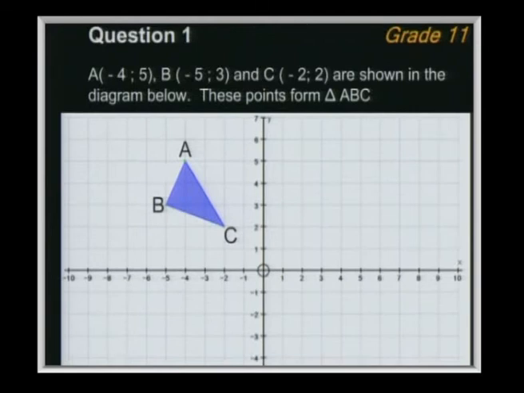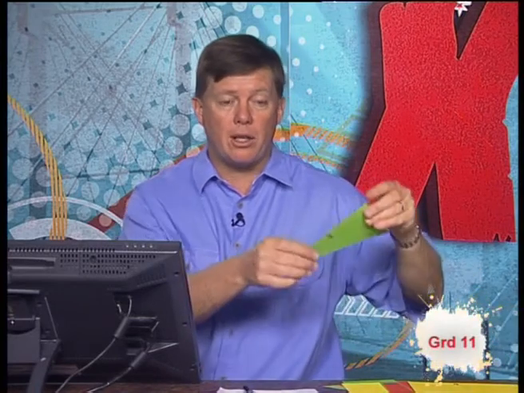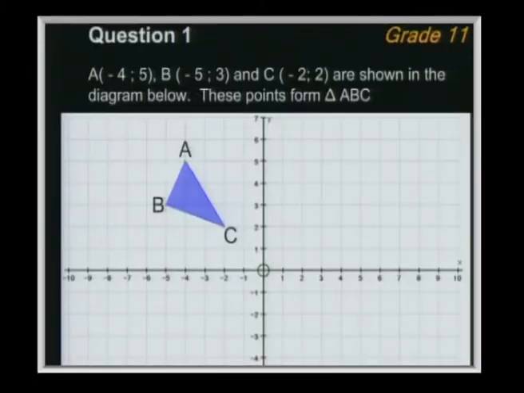Now, if you've forgotten the rule, all we have to do is pretend that there's a mirror down the y-axis and we're taking this little triangle and reflecting it. Let it have a look at itself in the mirror and draw it on the Cartesian plane. How many units across is it?